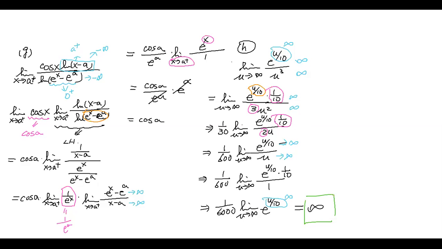Okay, now let's do the next one, problem I. This is the limit as x approaches infinity of x cubed times e to the negative x squared. For this one, as we always did, let's change it: the limit as x approaches infinity of x cubed over e^(x squared).